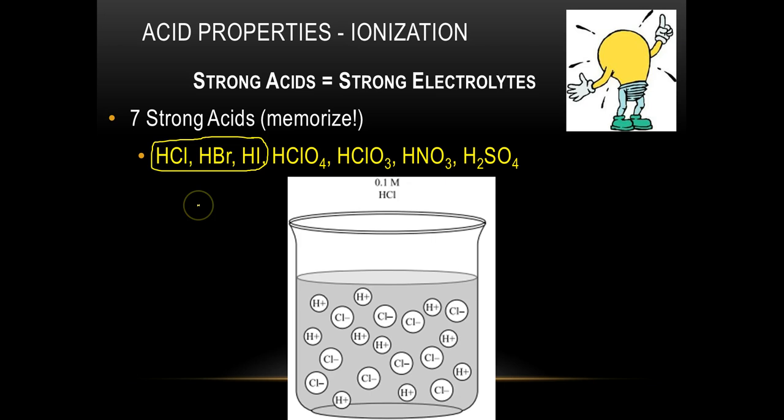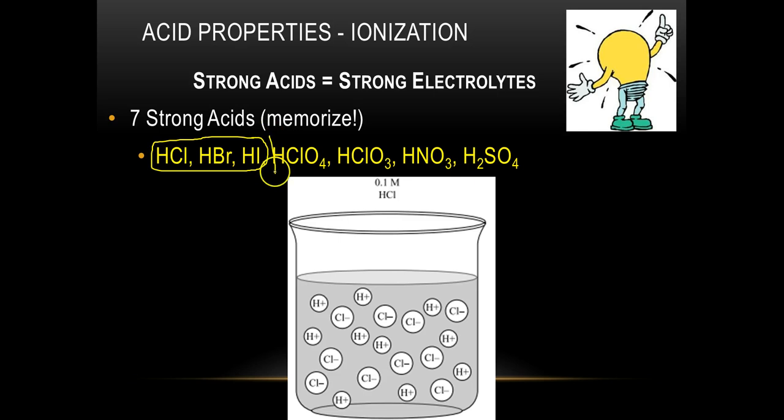Not HF, though. Hydrofluoric acid is a weak acid, so don't be confused. It's a little tricky. That fluorine, even though it's more electronegative and you'd expect that hydrogen to go flying off, it's so small that the bond strength is really, really strong, so it's not a strong acid. So we only have our chlorine, bromine, and iodine as our strong acids.